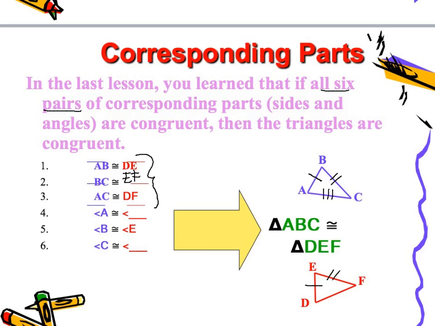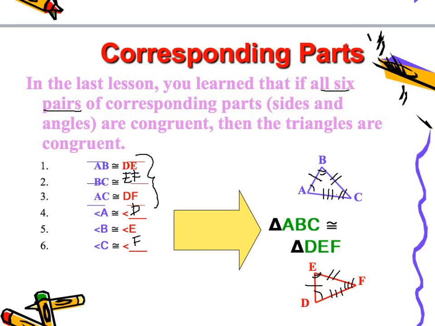AC is congruent to DF. And then we have 3 pairs of angles. A is congruent to D. B is congruent to E. And C is congruent to F.